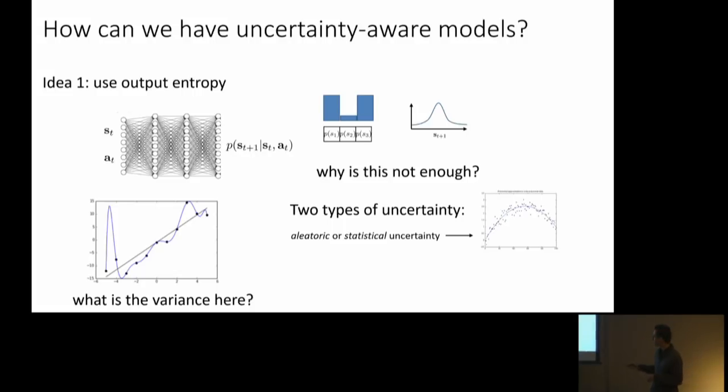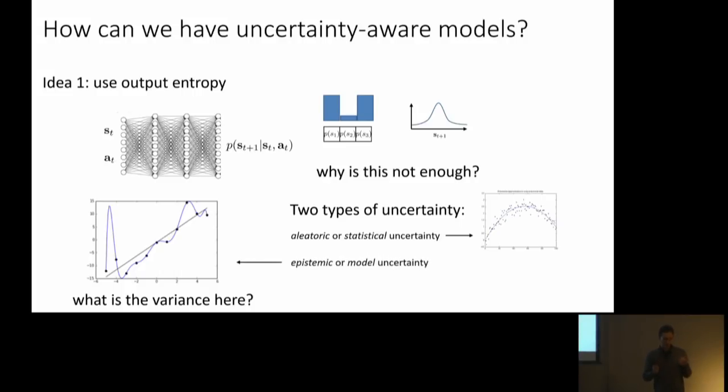The variance that the neural network will assign, if you fit a Gaussian distribution to this, is basically the amount of noise that it thinks is being added to these black points. So this is uncertainty that's inherent in the data. The data is generated by some process, that process is noisy, and the neural network is estimating that noise.